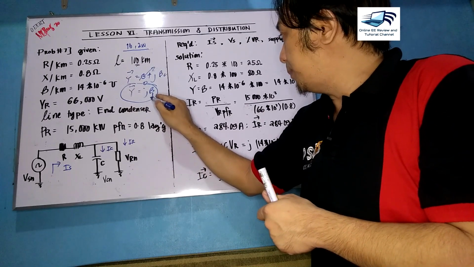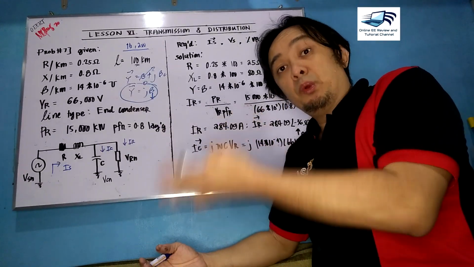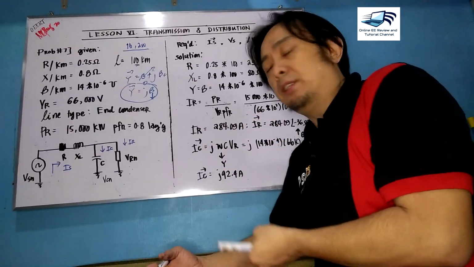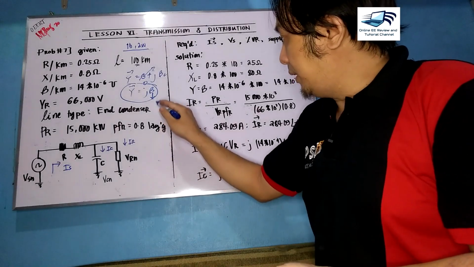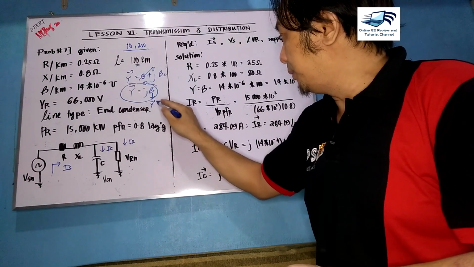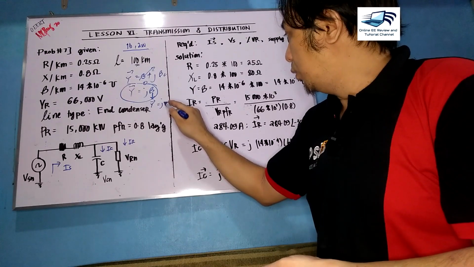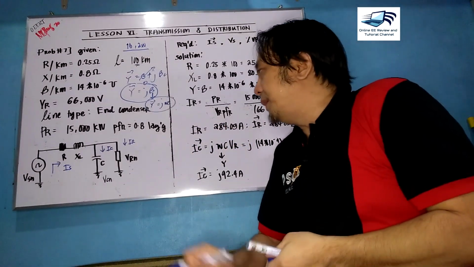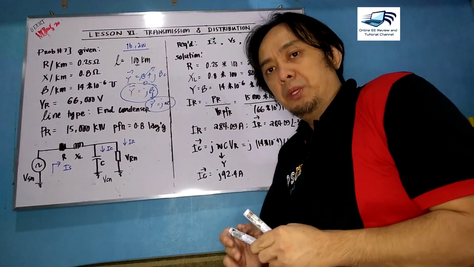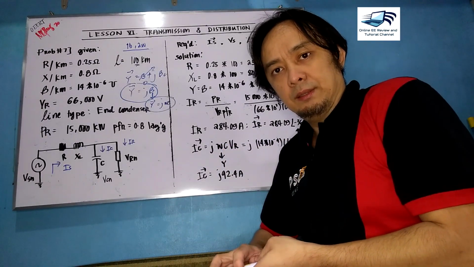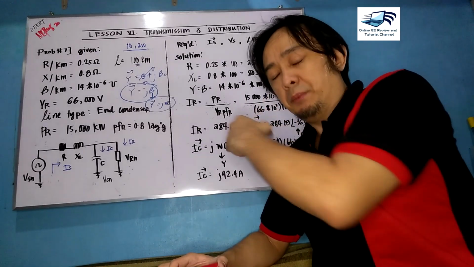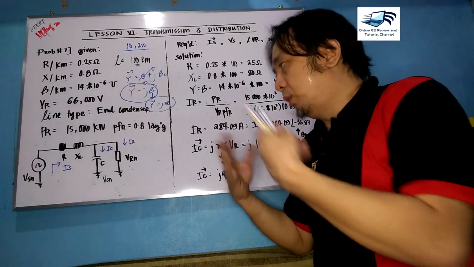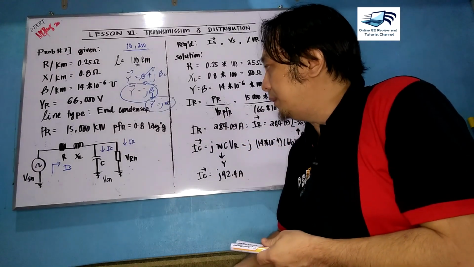Your susceptance here is the reciprocal of your capacitive reactance, which is your XC. So for this, we can now have the equation in terms of j omega C. These basic fundamentals are already discussed from the performance of your line in terms of the medium type, which is the end condenser. All of those with the corresponding phasor diagram are already discussed.